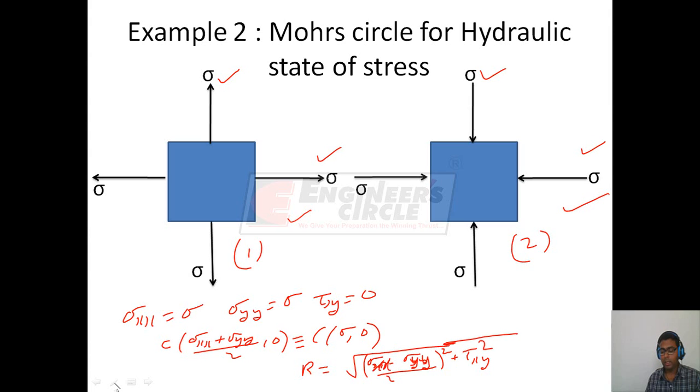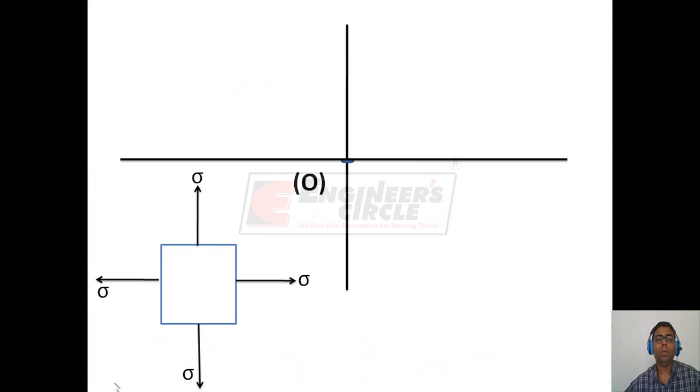Since sigma xx and sigma yy are equal, we get sigma xx minus sigma yy as 0 and tau xy is also 0. Therefore, we get the radius of the Mohr's circle as 0. Therefore, the Mohr's circle for this state of stress is a point like this.